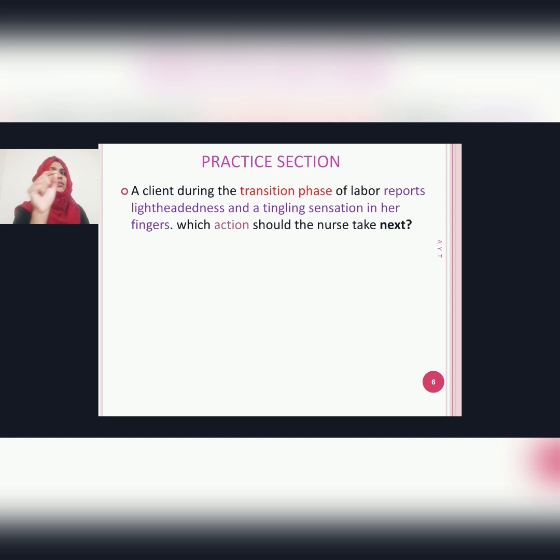And she is reporting lightheadedness and tingling sensation in her fingers. Think: is it normal during the stage of labor or abnormal? Obviously, it is something abnormal. Which action, that means something the nurse is doing, should the nurse take next?